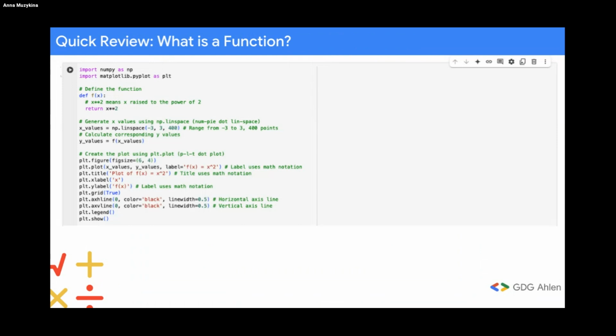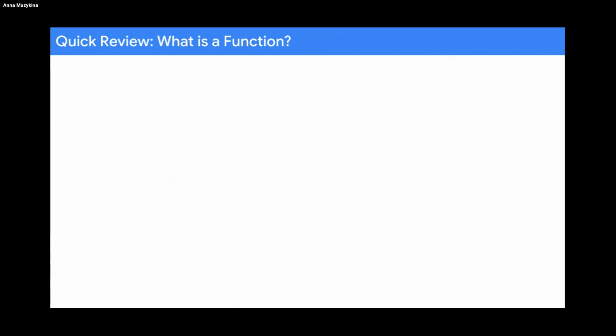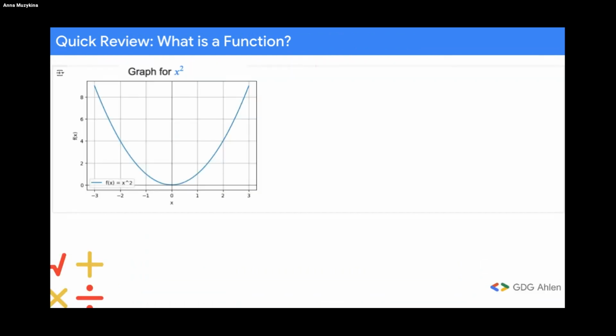We generate x values using numpy.linspace and calculate y underscore values. Then we use plt.plot to draw this graph, adding labels and a title. So if we run this code, we will draw the graph.